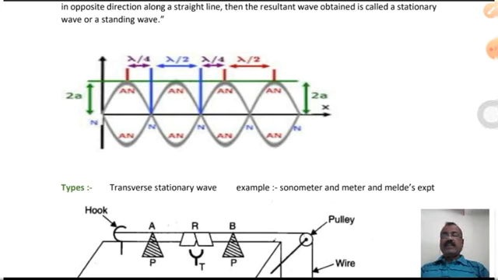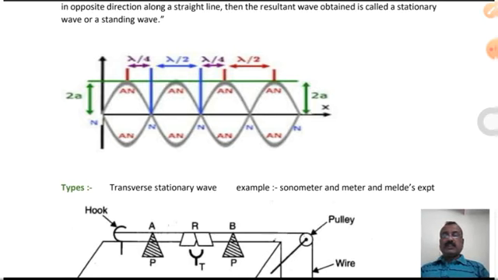In this stationary wave, we have the nodes, this is the node, and antinodes. Nodes, antinodes, nodes, antinodes, nodes, and antinodes. Nodes are formed like this. This is the definition of stationary wave.